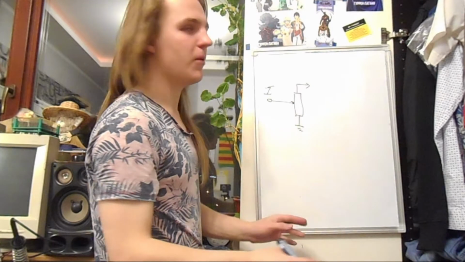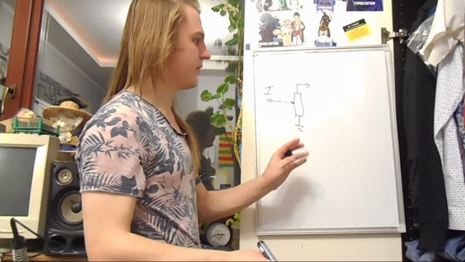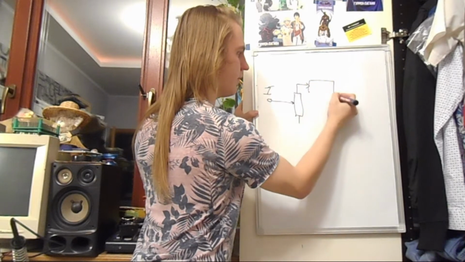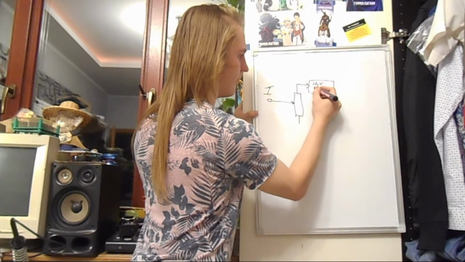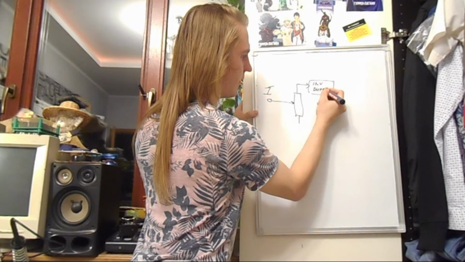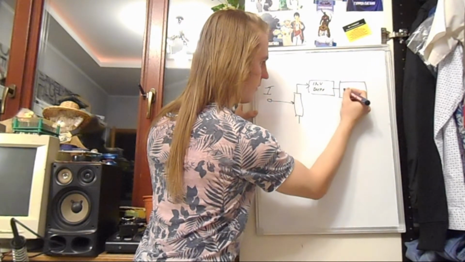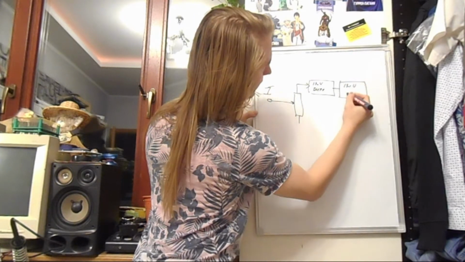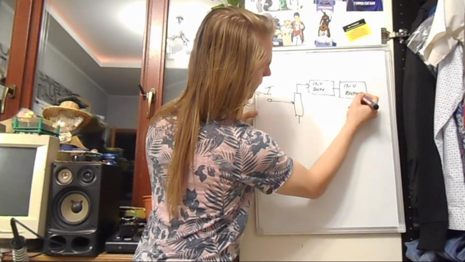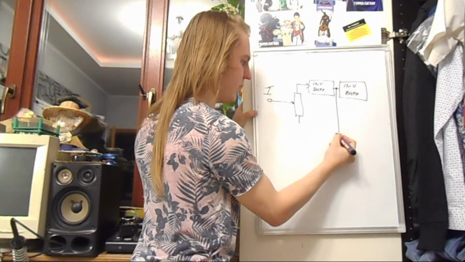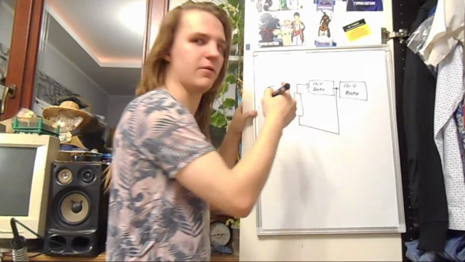Now, if we want to make this a polarizer, we want to put this through an inverting buffer, then put this through another inverting buffer, and into this midpoint we pass our signal from here.